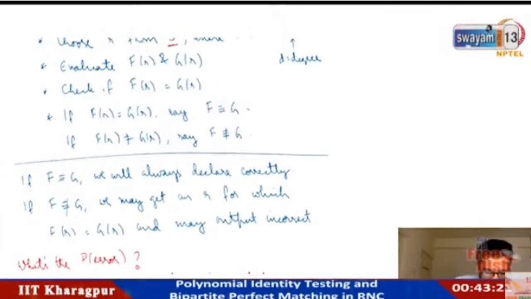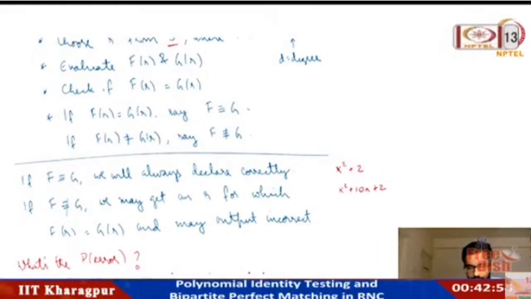Just as a simple example, say you have x squared plus 2 and x squared plus 10x plus 2. At x equal to 0, these two polynomials are different, but you see that they both evaluate to 2. So this is an example of such a case.